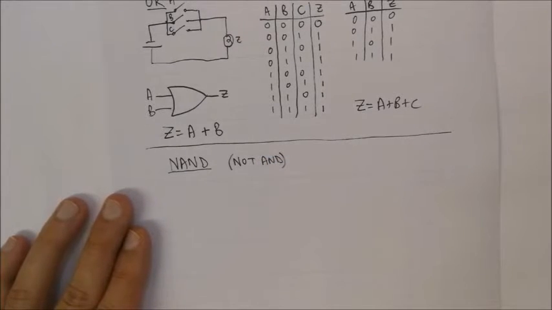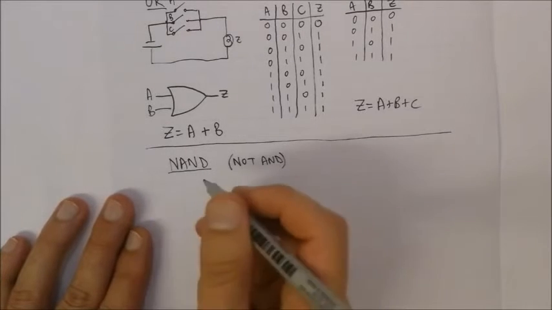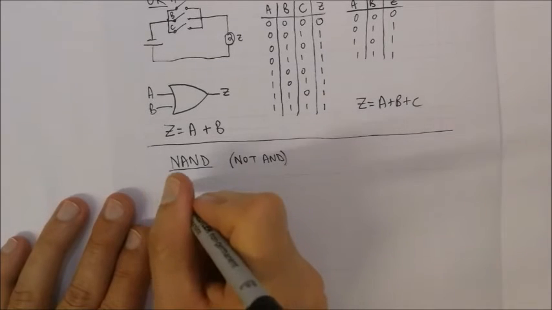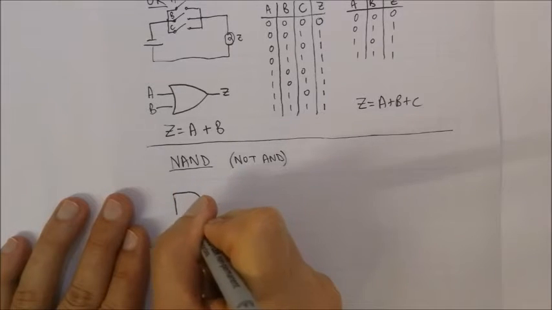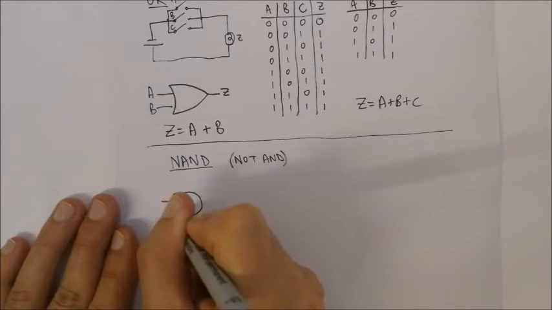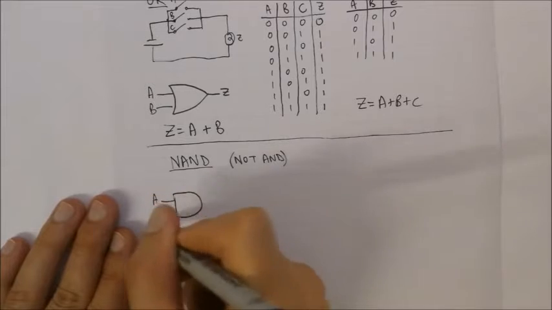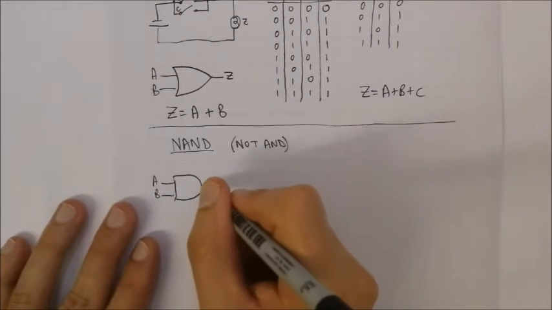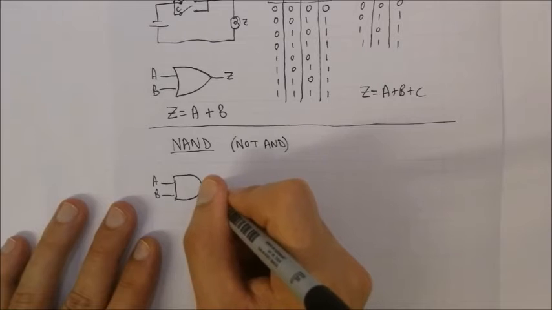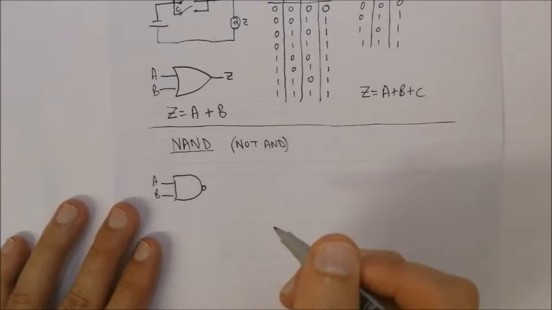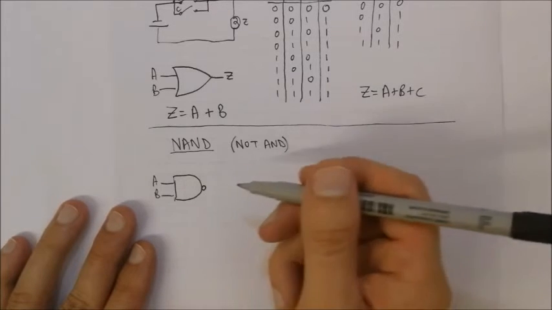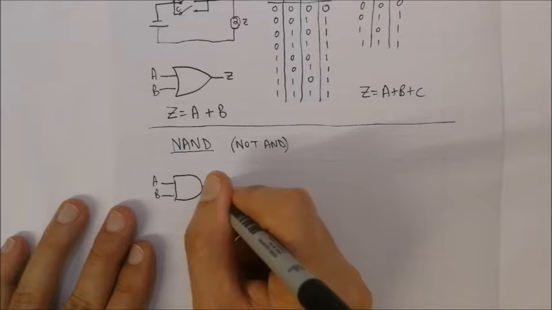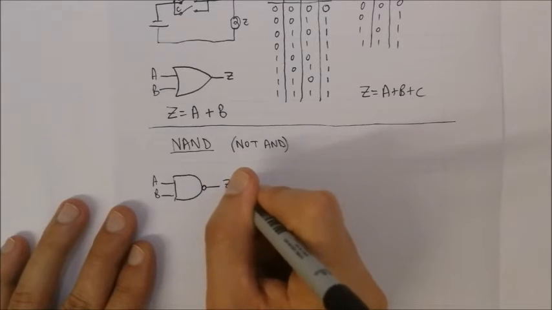Okay, so the symbol for the NAND gate is represented in terms of your normal AND gate, with your normal inputs A and B, or you could have more if you wish, but there's a little circle at the output. And if you remember with the NOT gate, you had a little circle that indicated it was a NOT. So that would indicate it's a NOT, and that would be your output Z.